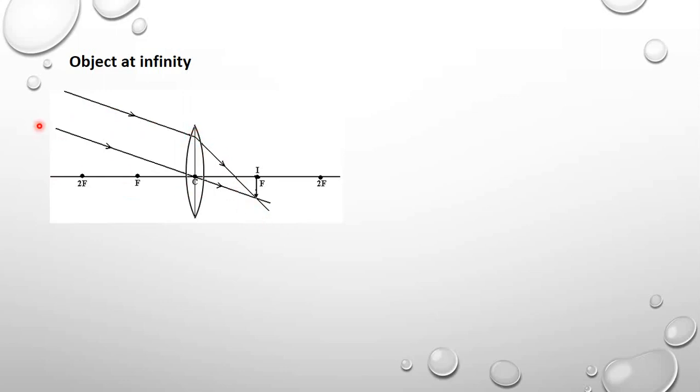And then also a ray passing through the optical center goes undeviated. Where the two rays meet is where the image will be. This time around the image will be at F, and it is going to be real, inverted, diminished, and formed at F.